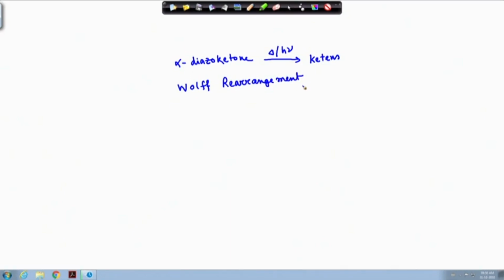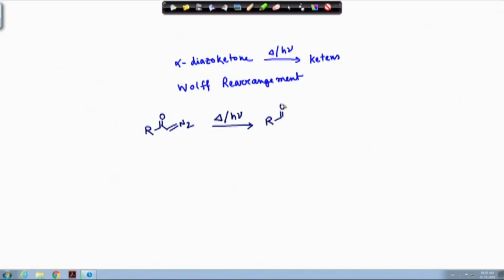So, what we said is that if we take the substrate as an alpha diazoketone, under thermal or photolytic condition, what will it form? It will generate the carbene. We know this from the generation of carbenes that we have learned. Now, this is the alpha ketocarbene.